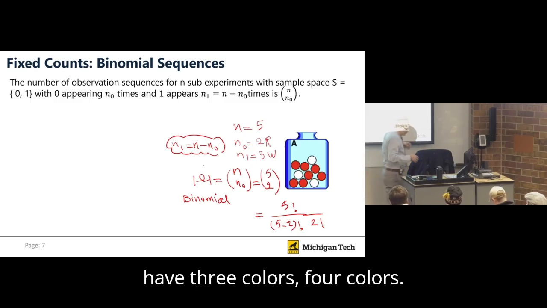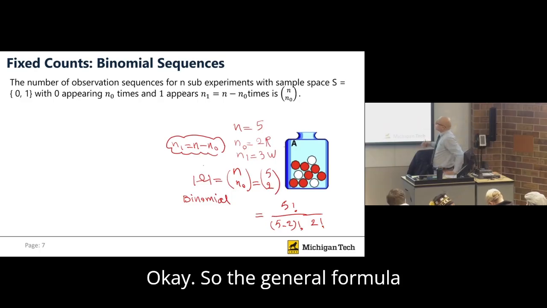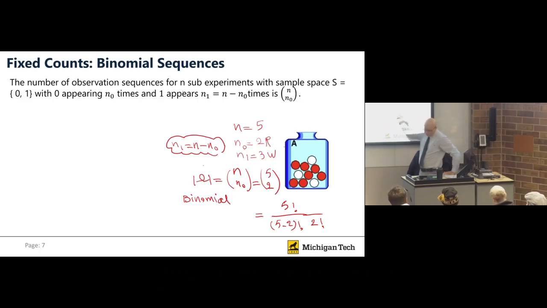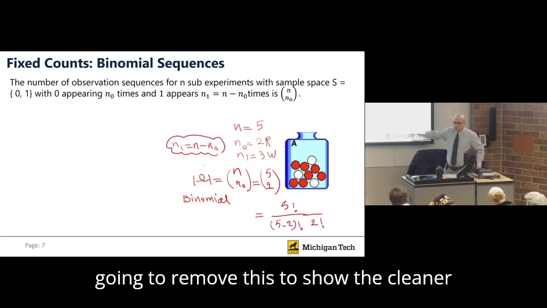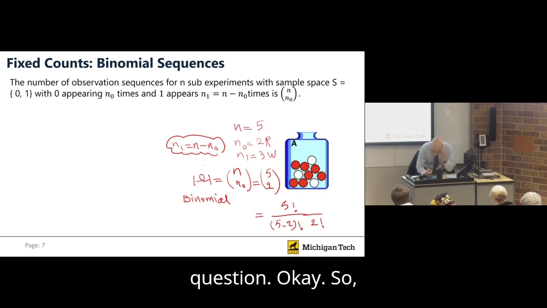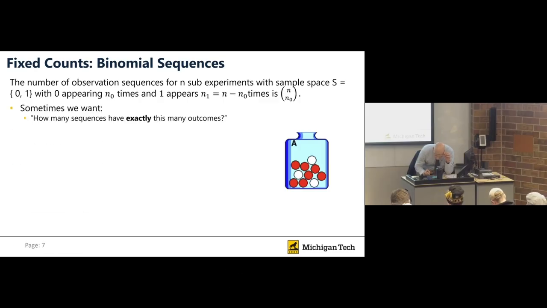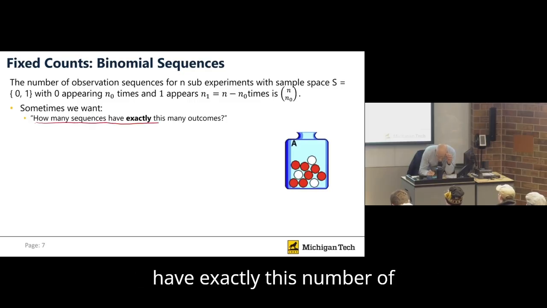If we have 3 colors, for example, or 4 colors. Okay, so the general formula is coming from that. Any question about this? I'm just going to remove this to show the cleaner version. It's all the same. No question. Okay. So we want to see how many sequences have exactly this number of outcomes.